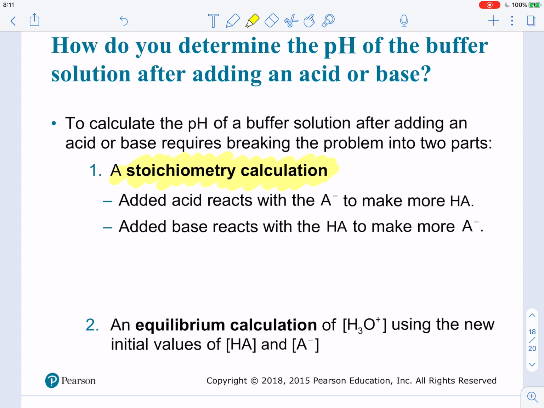So you need to know what the change is. Okay, and then once you establish what the changes are, you are thinking about an ICE table here as well. And then you move into the equilibrium calculation. Hopefully, because we are working with a buffer, we will always be able to use the Henderson-Hasselbalch equation.